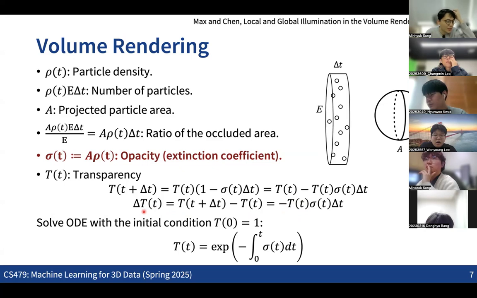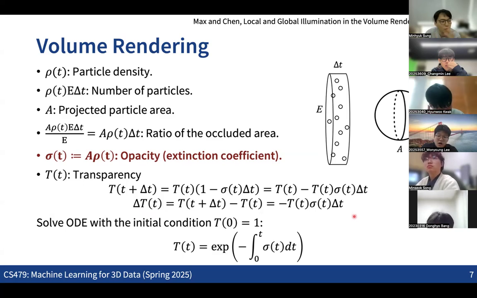So this is an ODE formulation, where the given function and its gradient have a linear equation like this. If you divide the left term and the right term by delta t here, then you can see that the transparency function and its gradient make a linear equation, right?